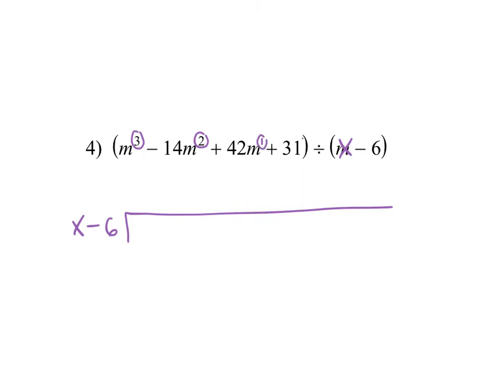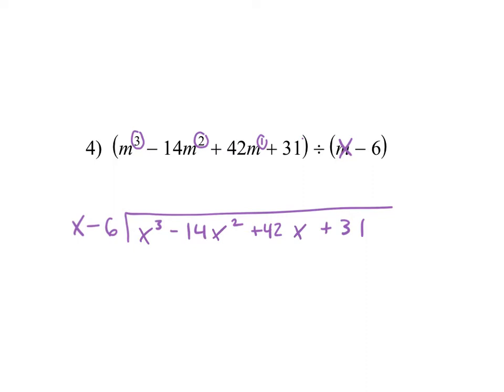So we're good. In our box, we have m cubed minus 14m squared plus 42m plus 31. Oops, I changed it to x. So let's change these m's to x's.